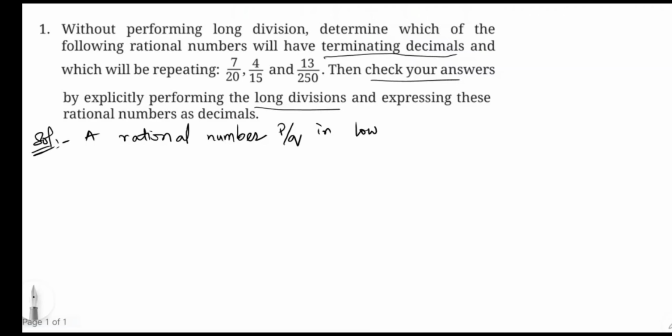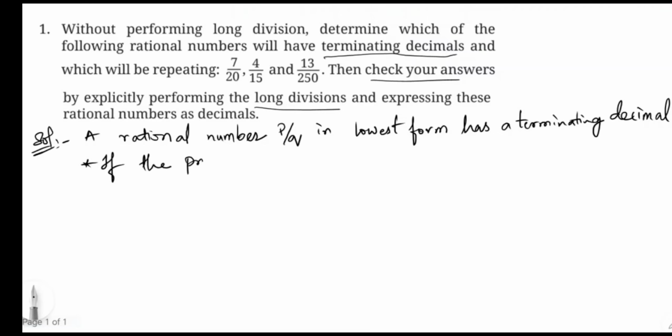So in lowest, that is the simplest form, it will have a terminating decimal when the prime factors of q, that is the denominator, are only 2 and/or 5.